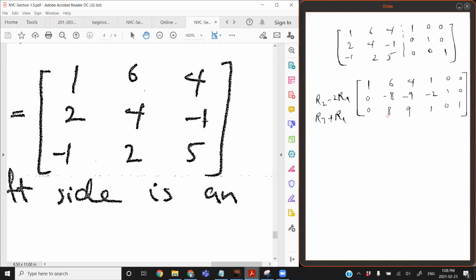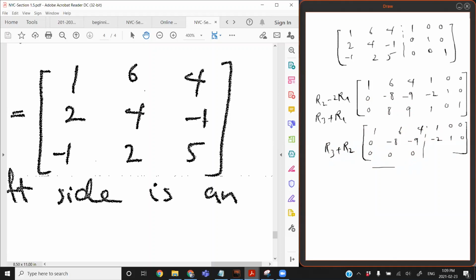At this point, I can see that if I just add row 2 to row 3, I'm going to get a row of zeros. Yes, if I do this plus this, 0, this plus this, 0, this one plus this, 0.